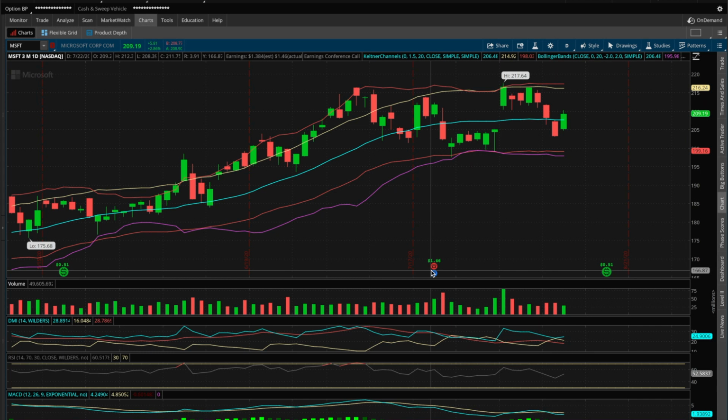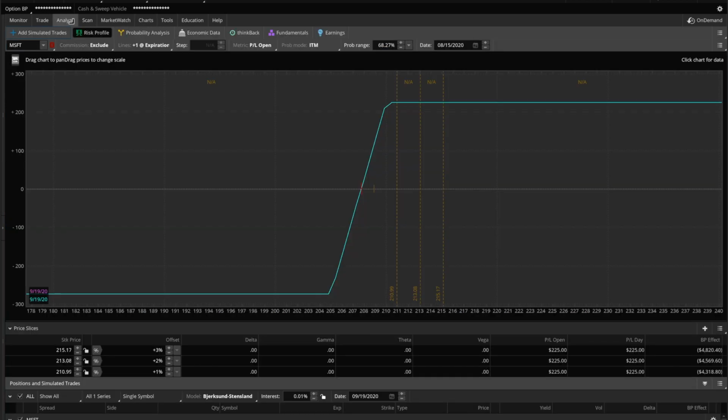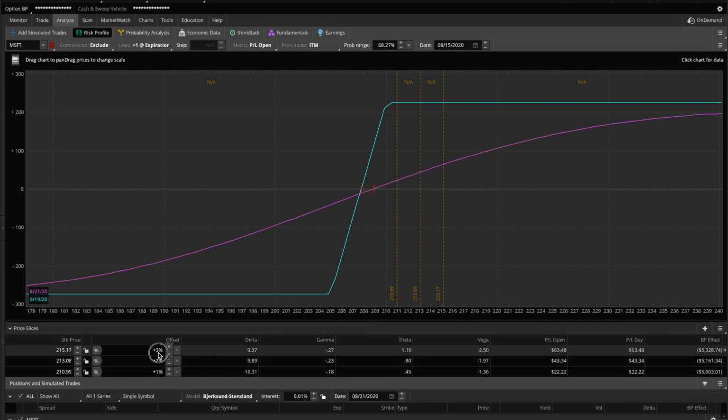Now, when we want to exit this trade, we would exit once one of two things happen. So if we look back at our risk profile, let's go to today is August 11th. Let's say at the end of next week, Microsoft makes a 10% move, and we have $166 profit.